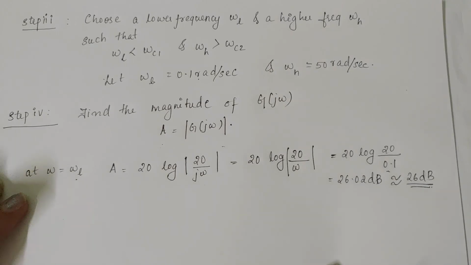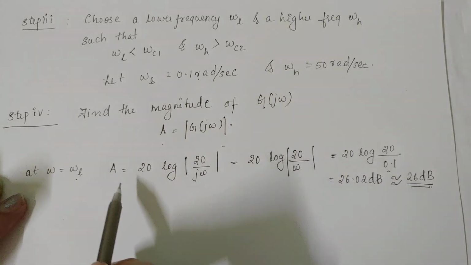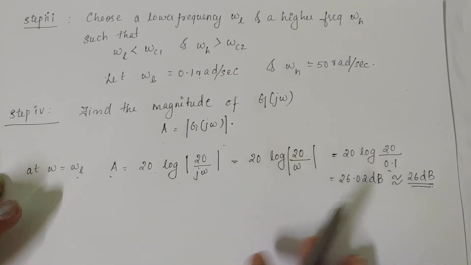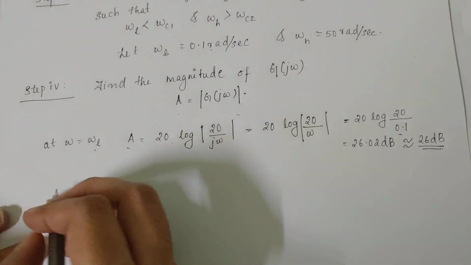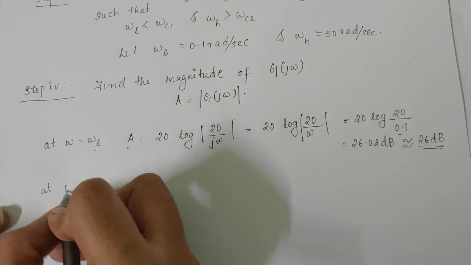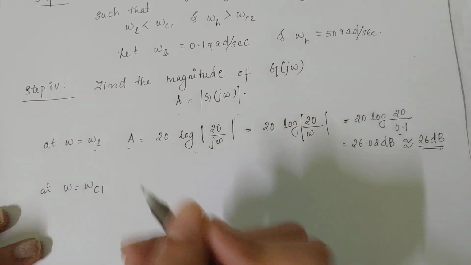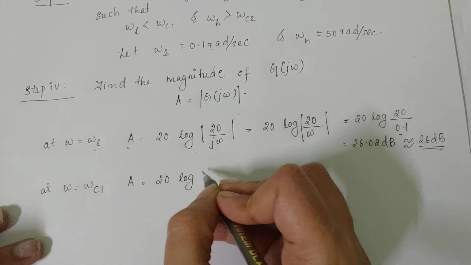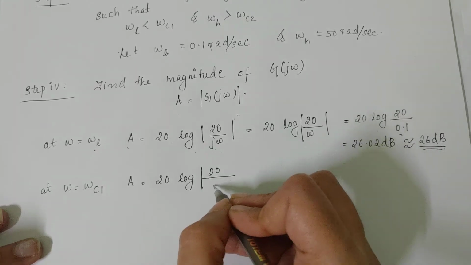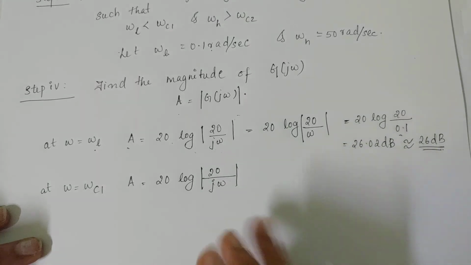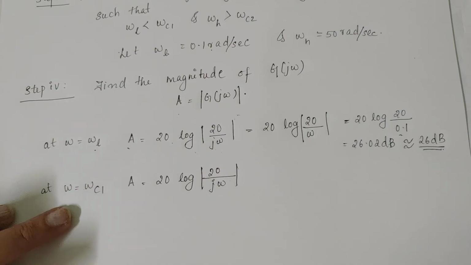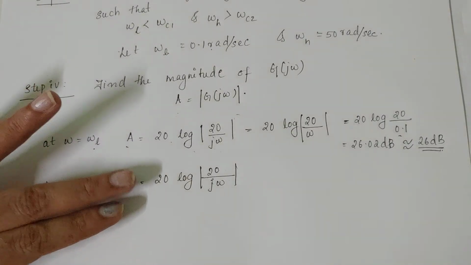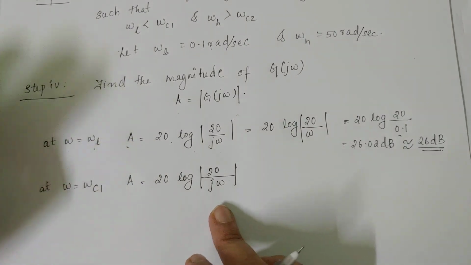Okay, so at omega is equal to omega L, the equation for A is 20 log the first term in the tabular column. Now, at omega is equal to omega C1 also, A is equal to 20 log first term. Okay, always take this equation for omega is equal to omega L and omega is equal to omega C1. That is, for the first two terms we are taking 20 log the first term.